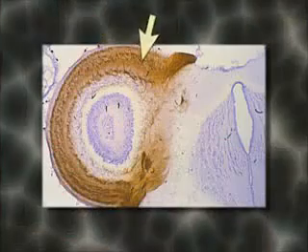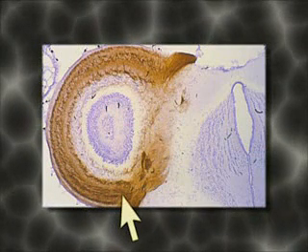But in this animal, I injected a substance into the eye. And by cutting up the brain and treating it a certain way, the axons, which have this substance in them, show up dark brown. So this shows you that in the toad, the main structure in the brain that receives input from the eye is the superior colliculus.